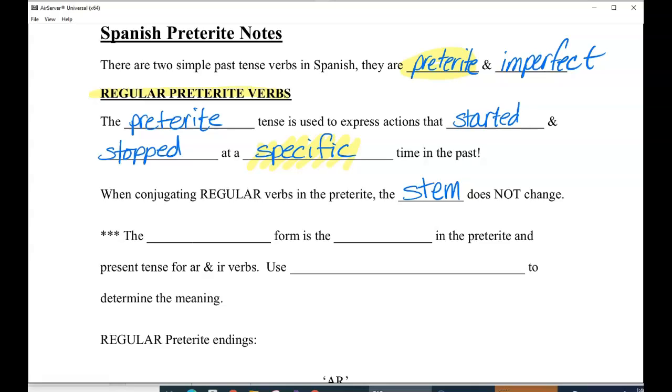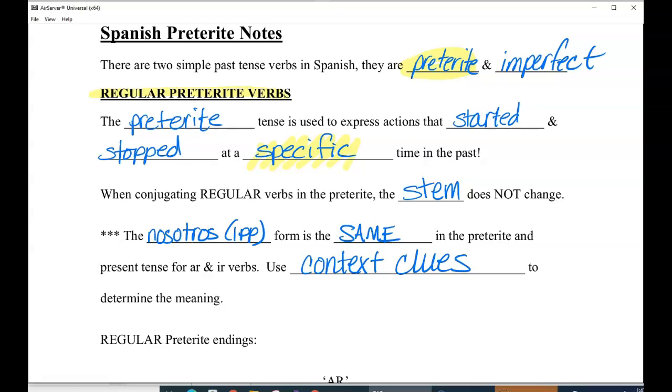The nosotros form, or the 1PP box, is the same in the preterite and the present tense for both AR and IR verbs. This means that we need to use context clues in order to determine the meaning. We'll look at a few examples and see what this means.